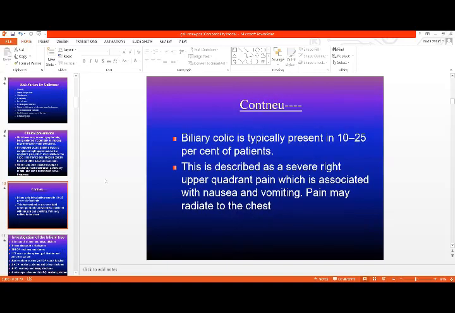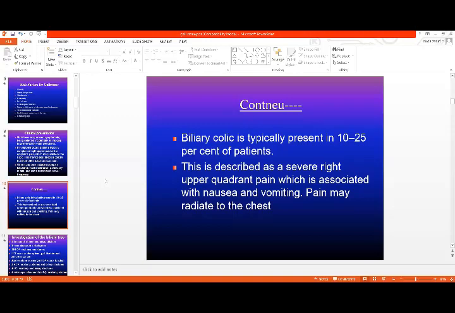Now, biliary colic is typically present in 10 to 25% of patients. ये मैंने आपको इसकी कॉम्प्लिकेशन में एक चीज़ बताई थी. Biliary colic means the patient has pain, but no temperature, no raised white count, and no Murphy's sign positive.